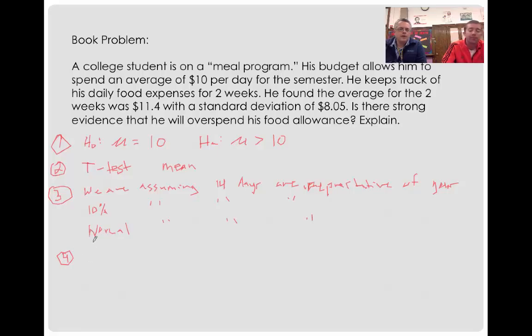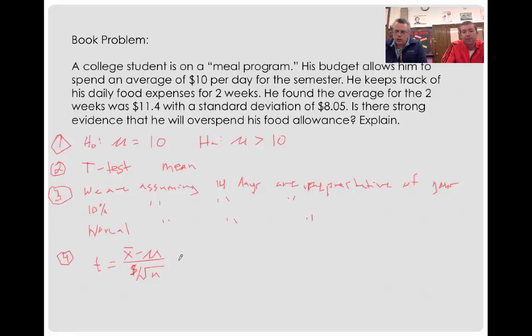Now, the fourth step is compute the statistic and the p-value. Show the mechanics. Remember, it's x bar minus mu over s divided by the square root of n.